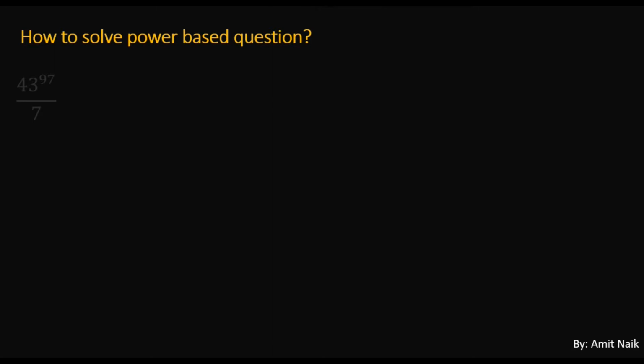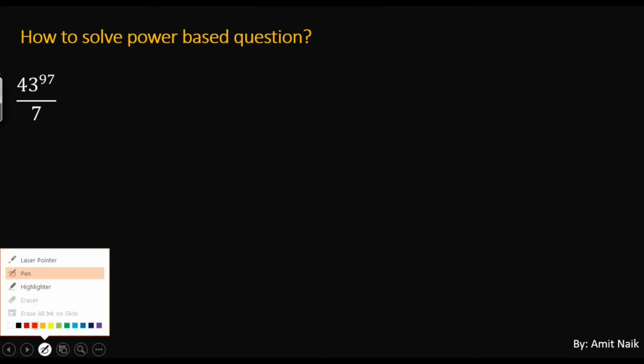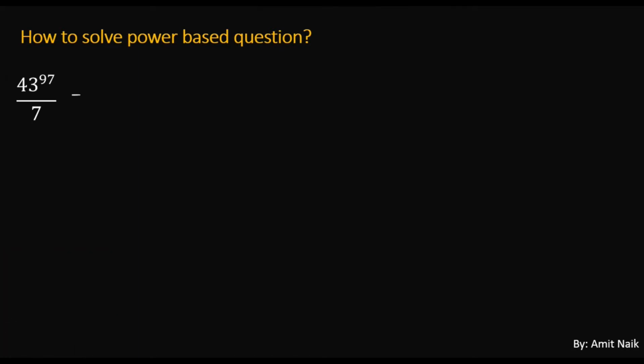Okay. This question, how to solve power based question. The question is 43 to the power 97 divided by 7. Now this is a very basic question which we have seen earlier in the second video as well. So the terms are 43, 43, 43, and that is 97 times, whole divided by 7, which means I need to divide 43 by 7, 97 times.